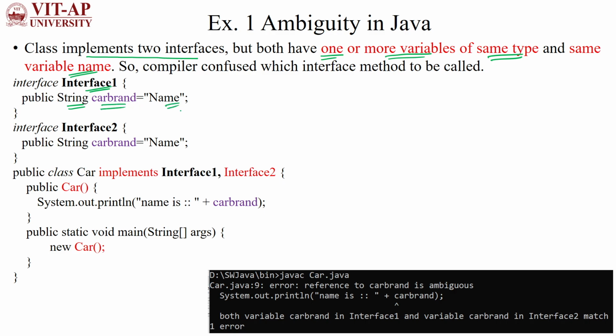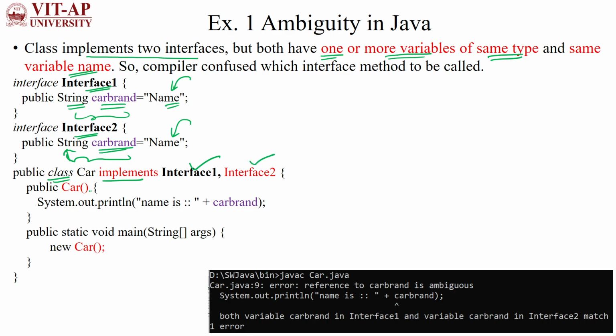Here we are giving the value, right? And interface 2 is defined with the variable name carBrand, data type string. So both have the same data type and a similar variable name. Then we are assigning some value. Here the class is implementing both interface 1 and interface 2.